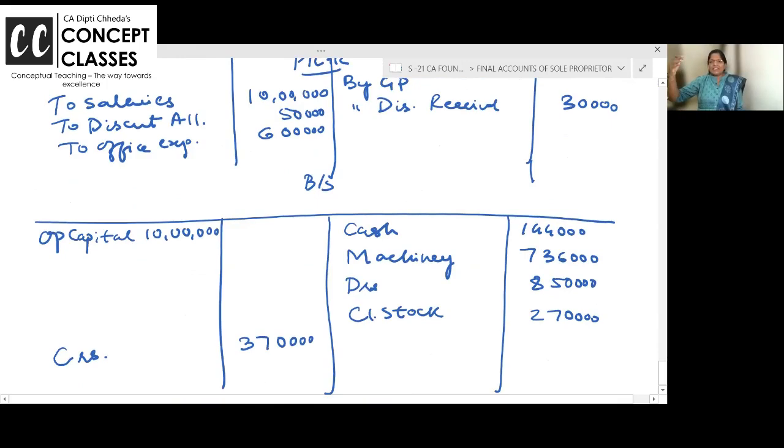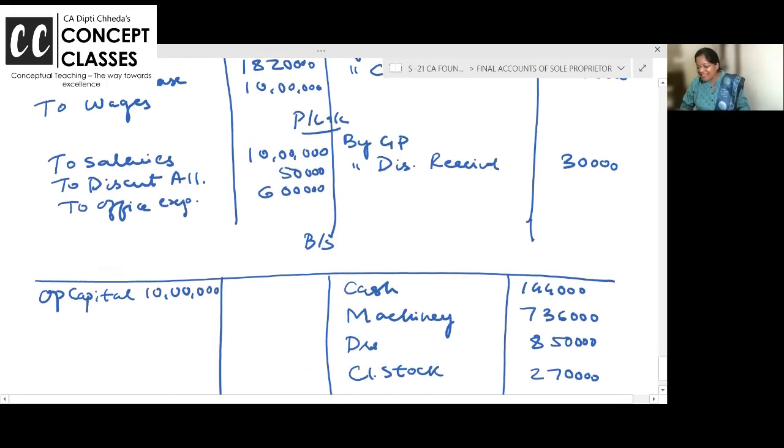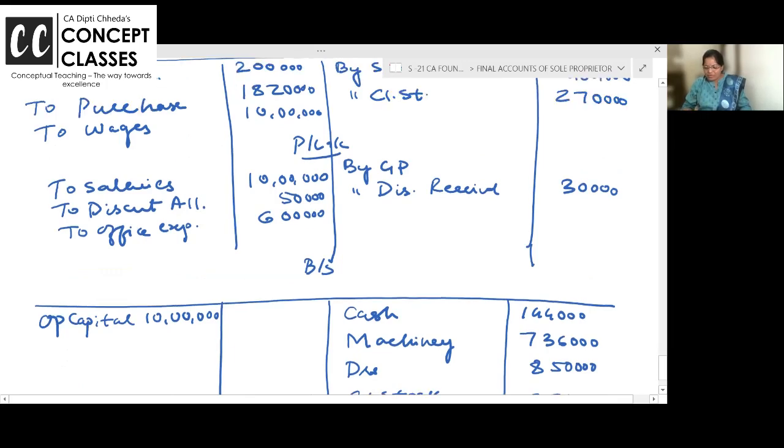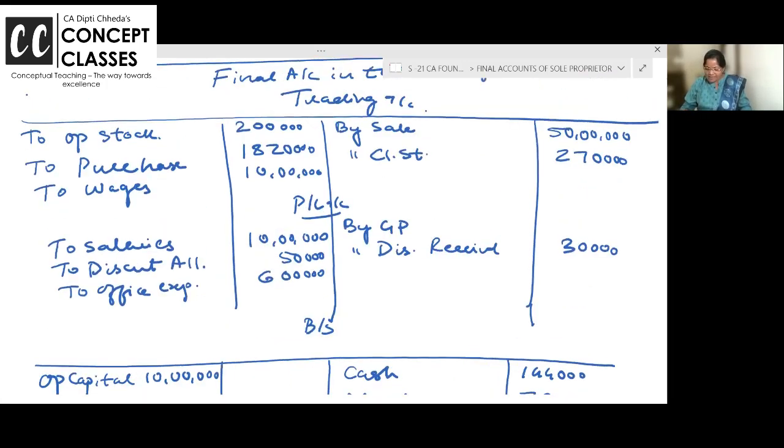Assets, fixed assets first, then investment, then current assets. If you can maintain, fine. If you are lacking time, simply make it, because this is a proprietor's balance sheet. When I teach in Inter, for the company's balance sheet, you have to follow the format. So sales, closing stock, opening, purchase, wages. All done? Yes? Chalo.